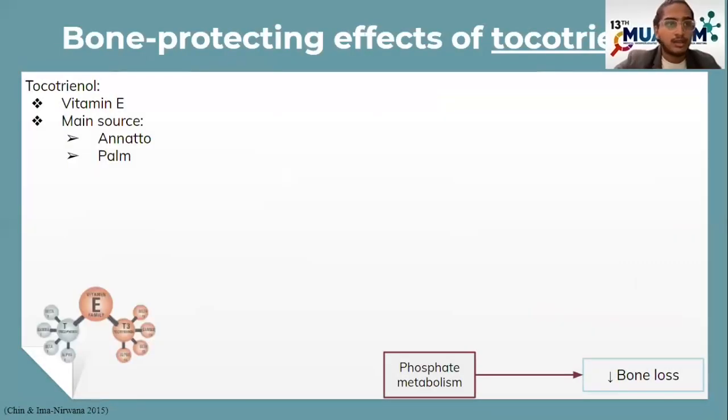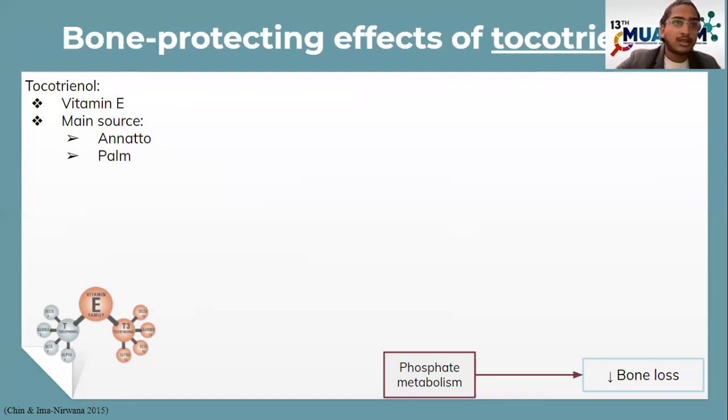So there are a lot of studies that have been carried out aimed mainly to develop alternative osteoporosis agents using natural products. So one of the natural products that has been receiving a lot of attention is tocotrienol. So you might be asking me, what is tocotrienol? So tocotrienol, along with tocopherol, belongs to the vitamin E family. So the main sources of tocotrienol are annatto bean and oil palm.